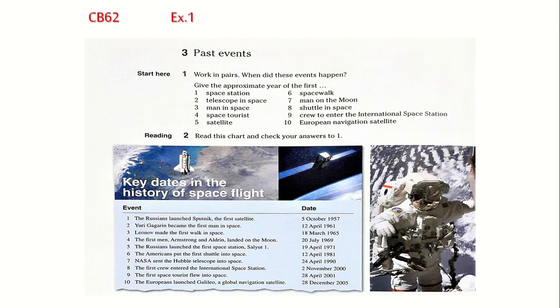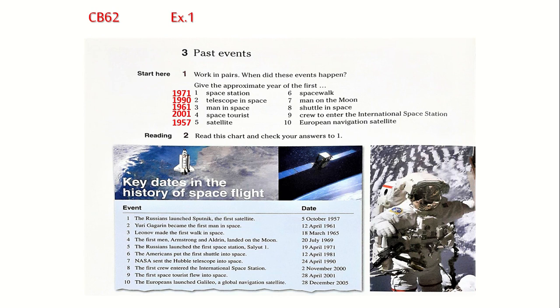Number 1, space station, the first space station in 1971. The first telescope in space, 1990. The first man in space, 1961. The first space tourist, 2001. The first satellite, 1957.